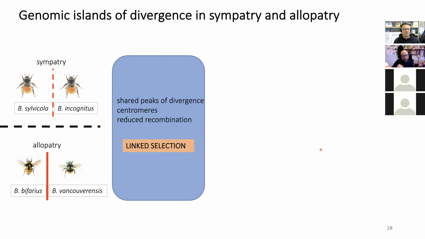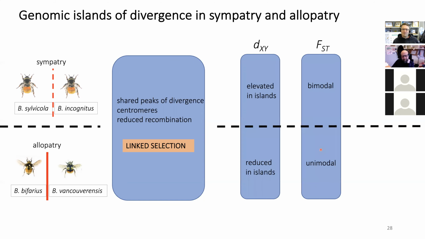But we saw that there are some differences between the characteristics of these islands of divergence in these two comparisons. In particular, the DXY seems to be elevated in islands of divergence in the sympatric comparison, and FST is bimodal.